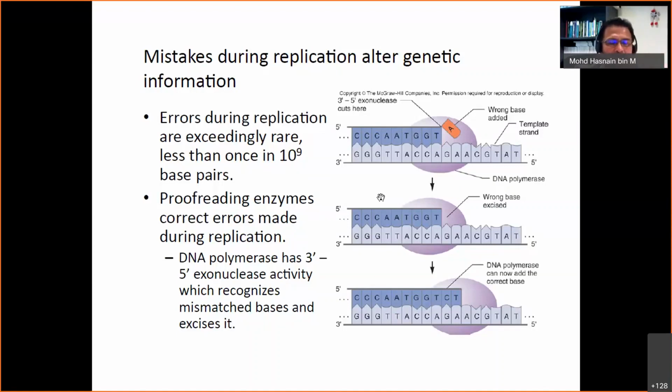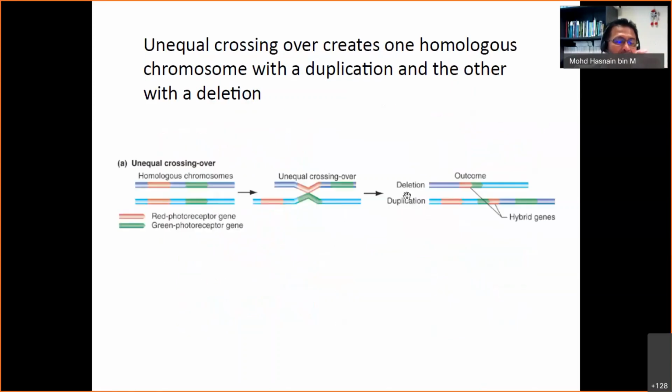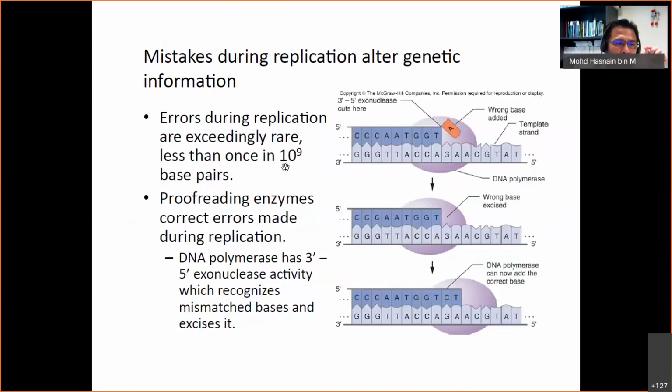So for this one, the idea is that polymerase can do proofreading, and one example of how it does it is by having the 3', 5' exonuclease activity. That is why we have a very low number of mutations. So every 1 billion means that somehow even polymerase didn't detect the mutation.